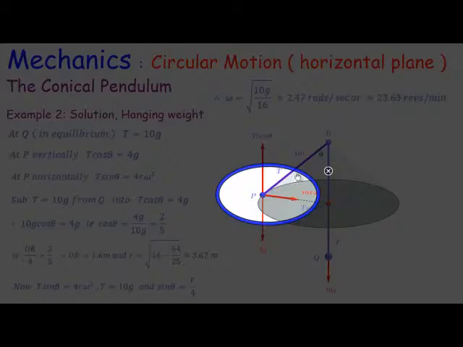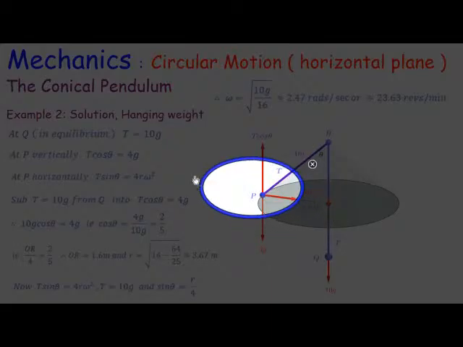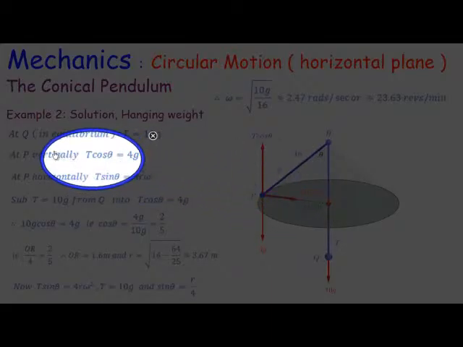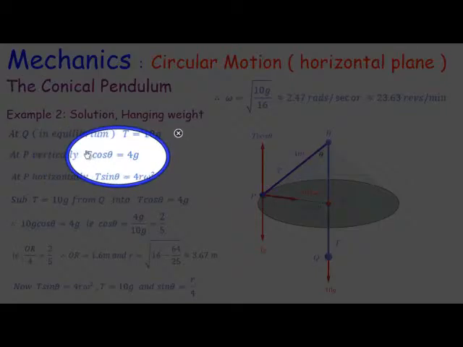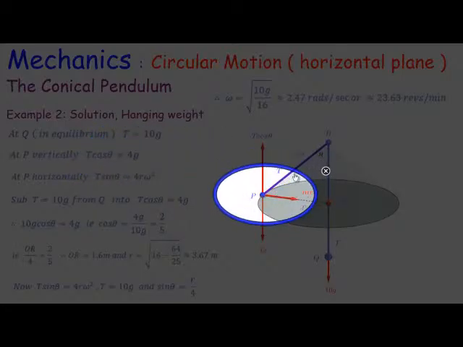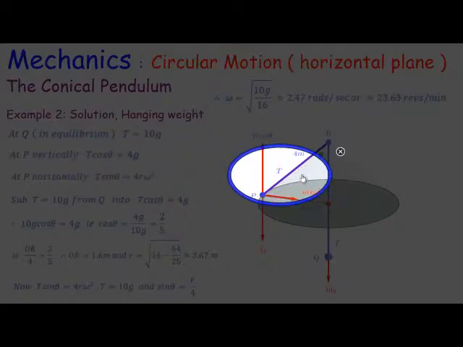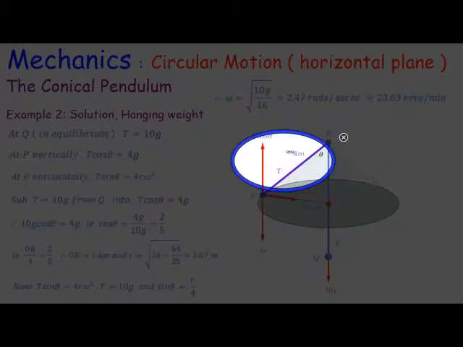Okay, now what have we got to do? Well, we obviously need to resolve the forces, vertically and horizontally. T cos theta equals 4g vertically. Why is that the case? Well, if you come back over here, T has a component in the vertical direction.